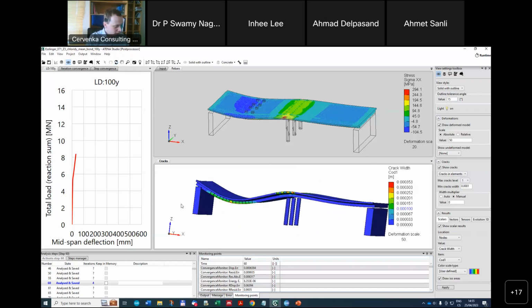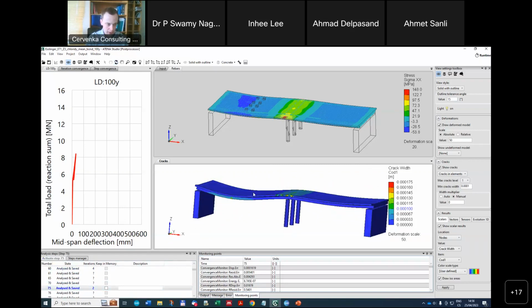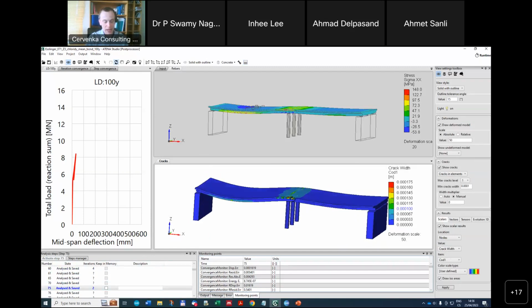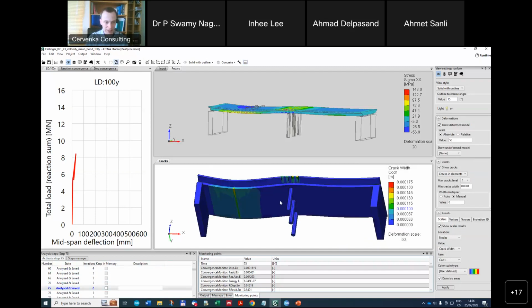Then in step number 75, we see the unloading, which will be associated with a decreasing of the deflection and partial closure of the mechanical cracks.